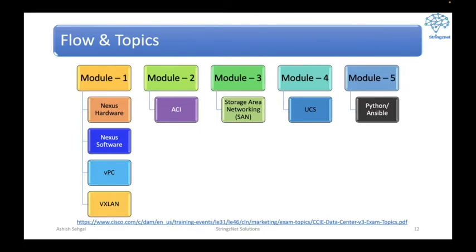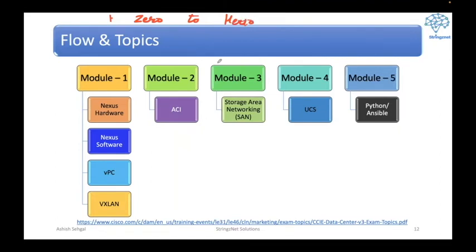Module 1, 2, 3, 4, and 5. Module 1 includes Nexus hardware. Let me tell you one thing. So many times I got a question: is this particular course only for CCIE, or are you going to cover CCNA and CCNP as well? Let me tell you, my dear friends, this particular course is our zero to hero course.